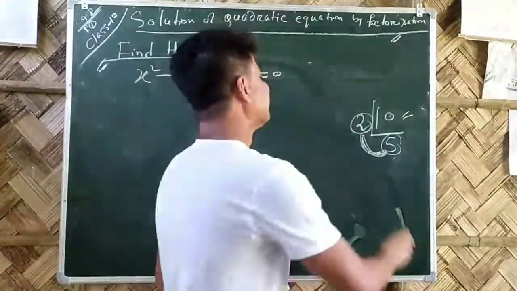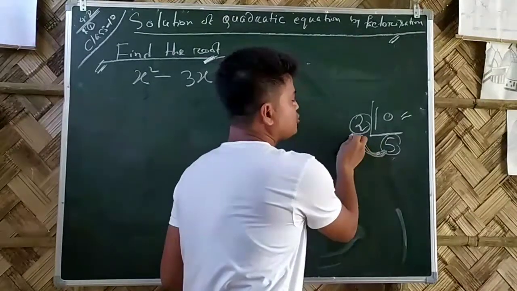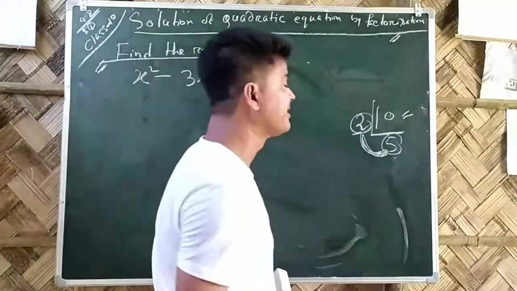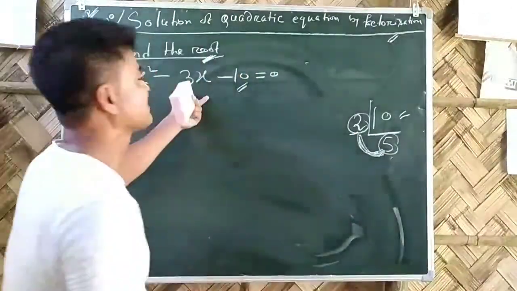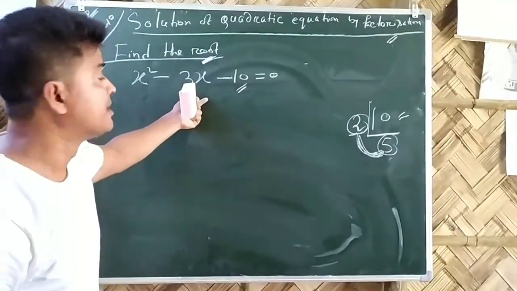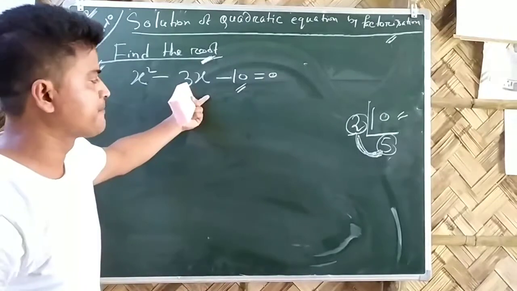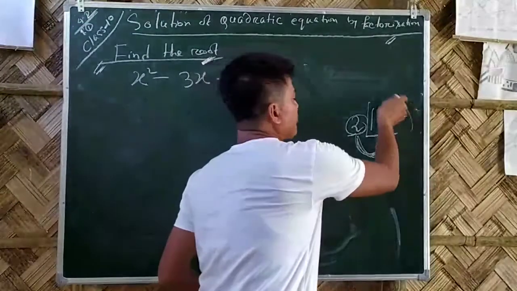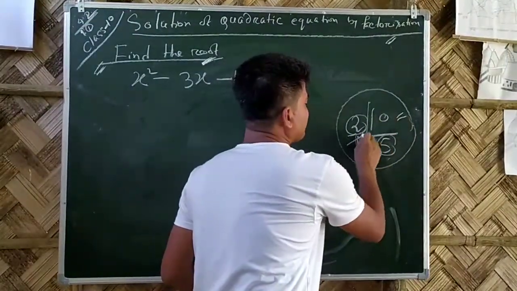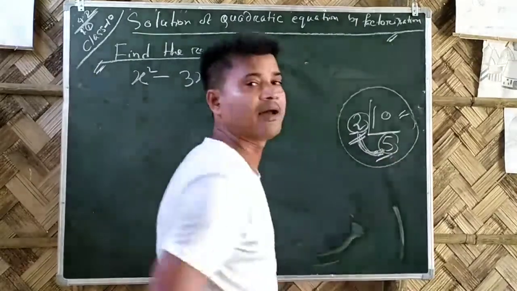That means 10 has two factors, 2 and 5. Other products are there, but we need to split the bx term, so we split the term bx by following the factors of 10, and we found that the factors of 10 are 2 and 5.